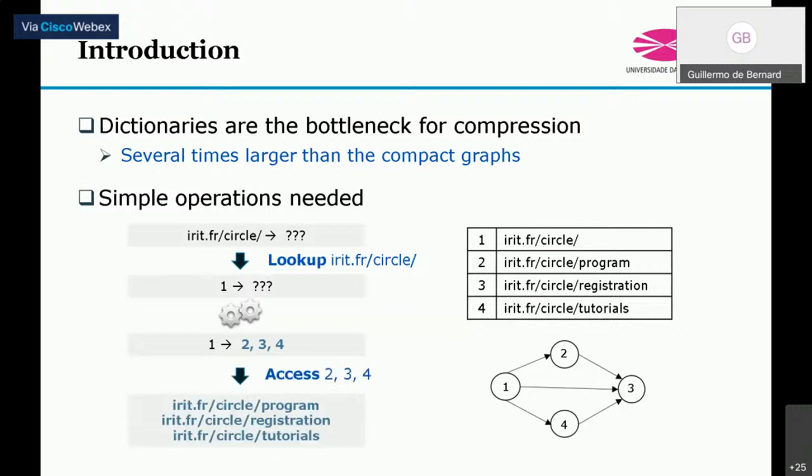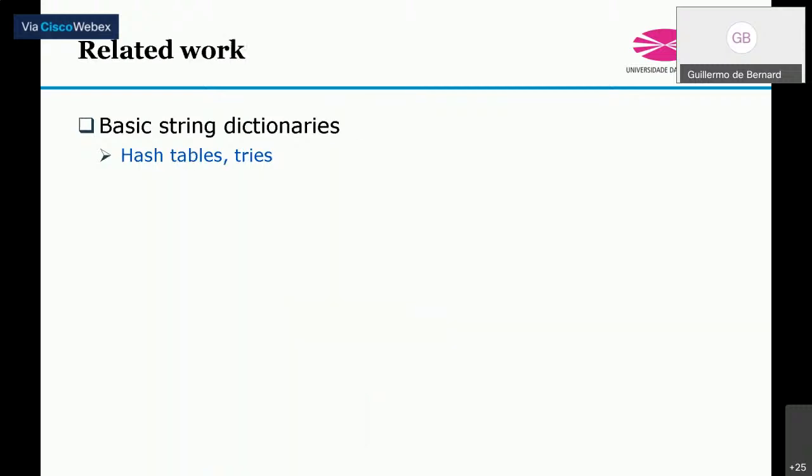And then for each result that we obtain, that is an identifier, we map this ID back to a string using access operations in our dictionary. So essentially, having only these two very basic operations that map between string to ID and vice versa, we can delegate many basic operations to the structural part of the graph and only need these two basic operations in the dictionary part.